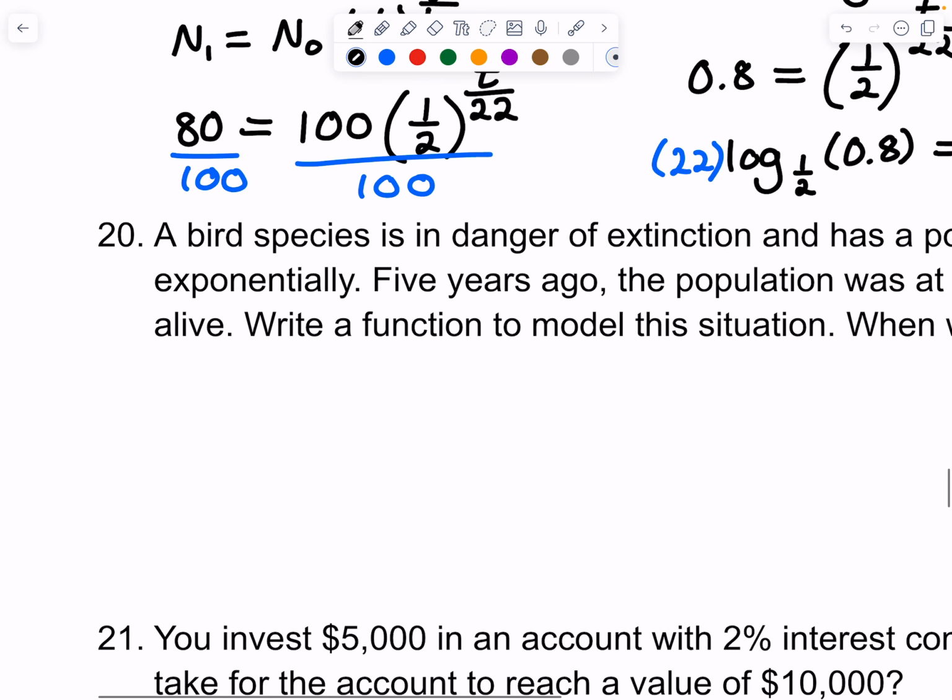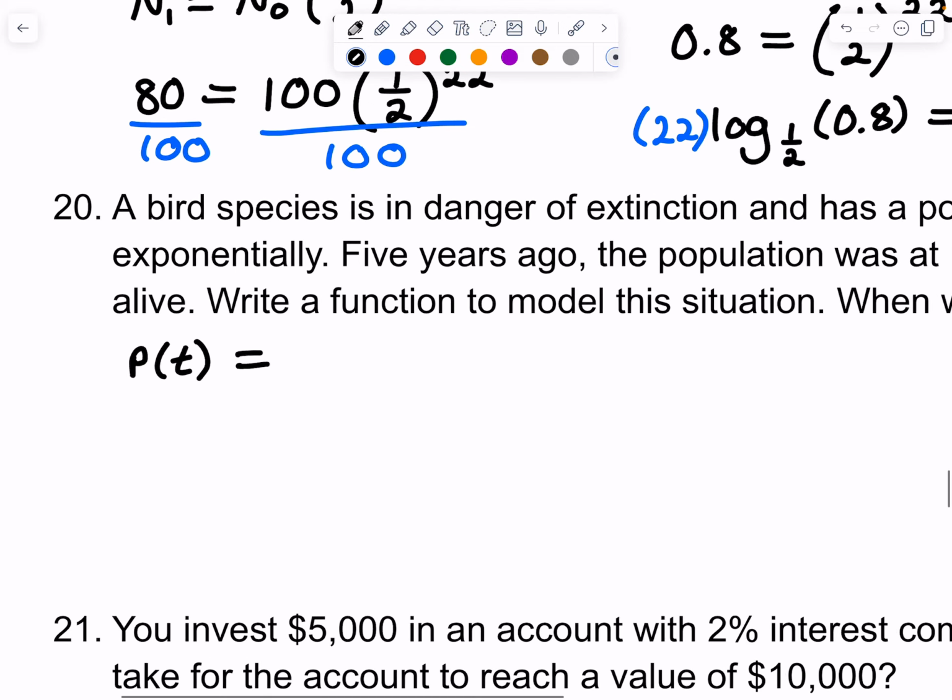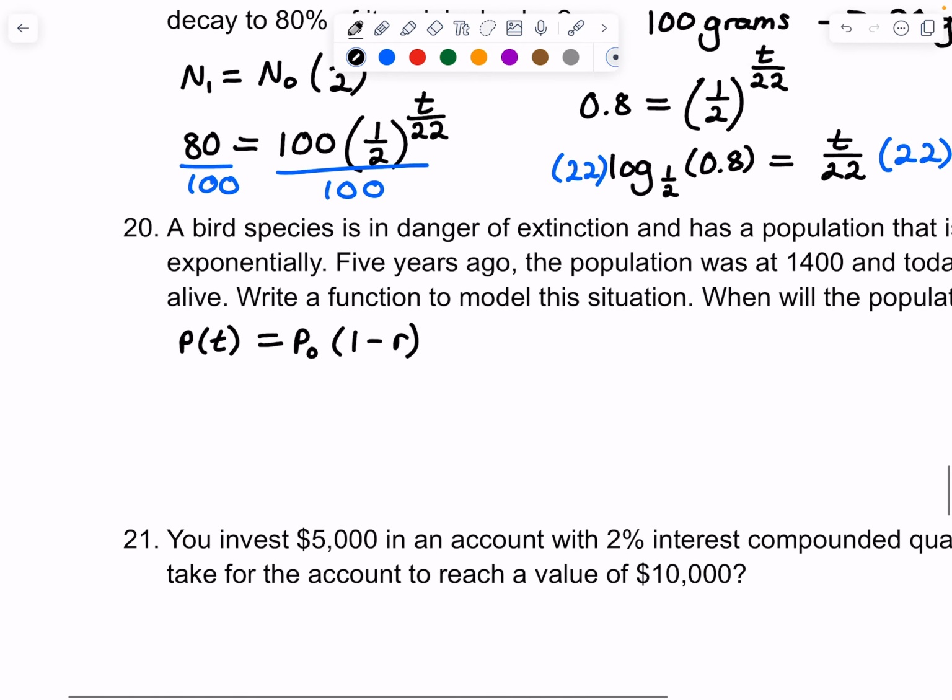I'm going to call it P of t, where P stands for population and t stands for time. The population is equal to the original population, P0, that means the population at time 0, times 1 minus the rate of decrease, which we don't know but we'll find, to the power of t.